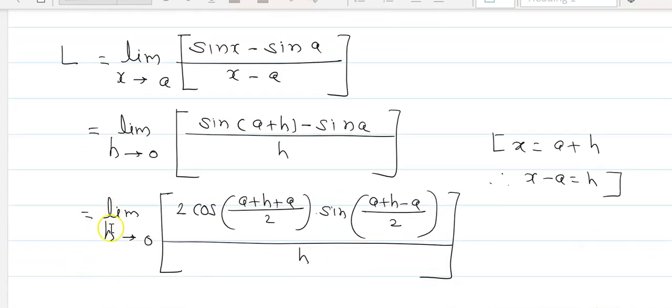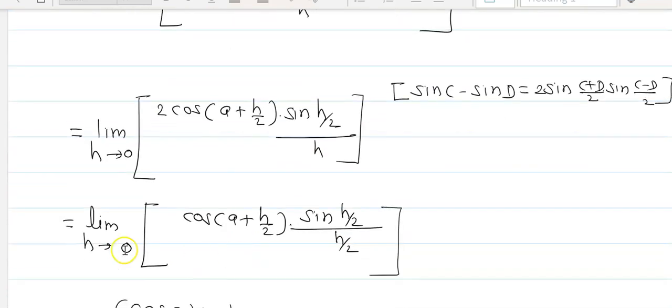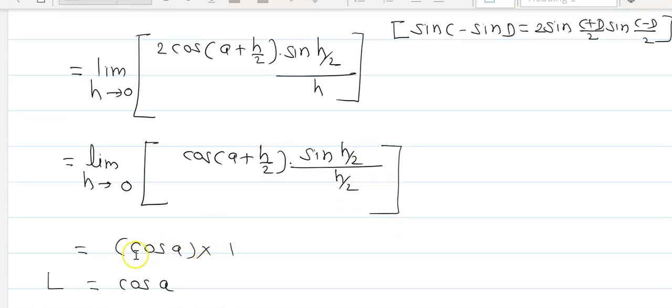Apply the formula sin c minus sin d, that is 2 times cos of (c plus d) upon 2 sin of (c minus d) upon 2. Therefore, this leaves 2 cos of (a plus h upon 2) sin of h upon 2. Therefore, limit h tends to 0, cos of (a plus h upon 2) into sin of h upon 2 upon h upon 2. This is cos a into 1, therefore limit L is equal to cos a.